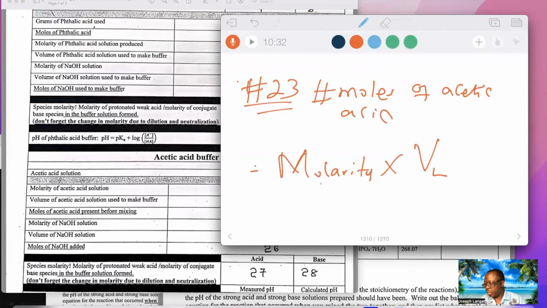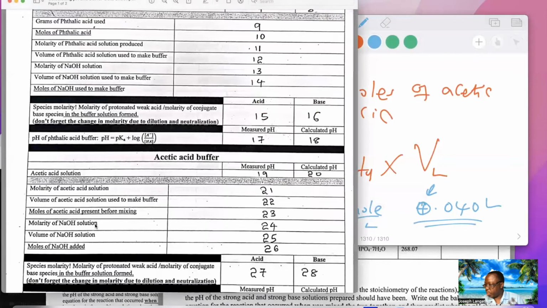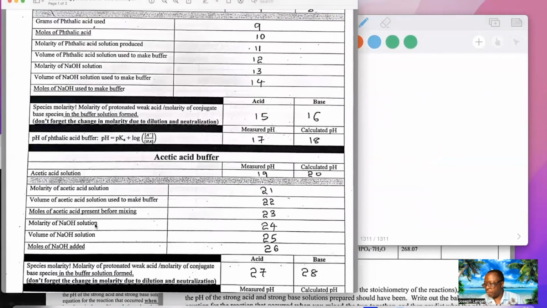Molarity right here, 0.100 moles per liter, and volume here 0.040 liters. This is what you use in preparing the PAVA, the number of moles before mixing. From the instruction, look at the molarity, number 24. Molarity of NaOH.